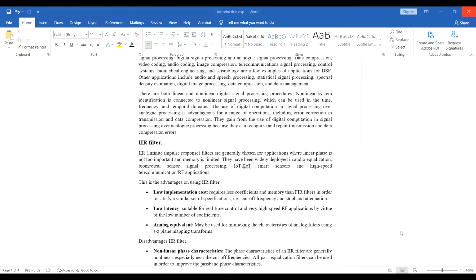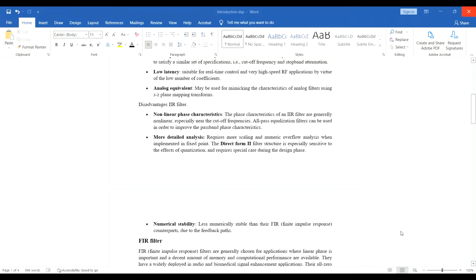For the advantages, there is low implementation cost and low latency, and analog equivalents may be used for mimicking the characteristics of an analog filter using S to Z plane mapping transform. For the disadvantages of the IIR filter, there is no linear phase characteristic, more detailed analysis is needed, and there are numerical stability issues.